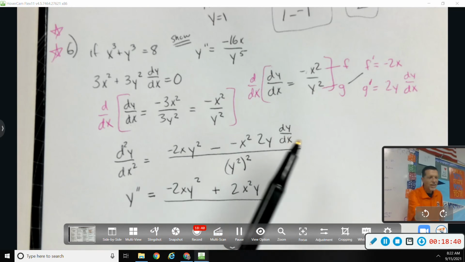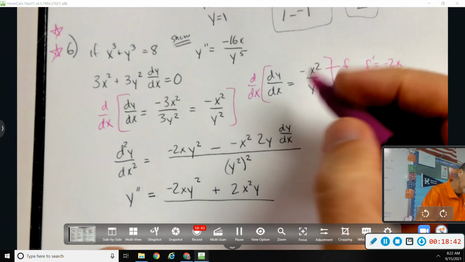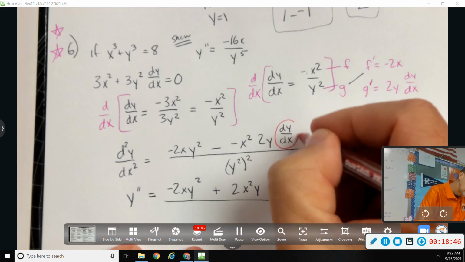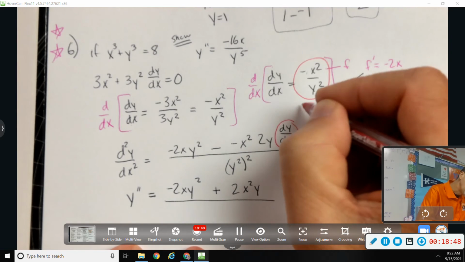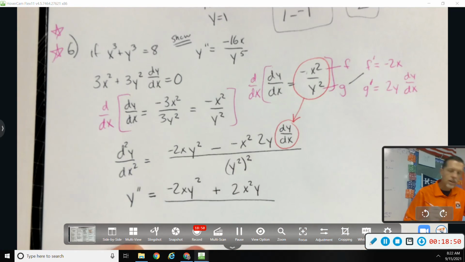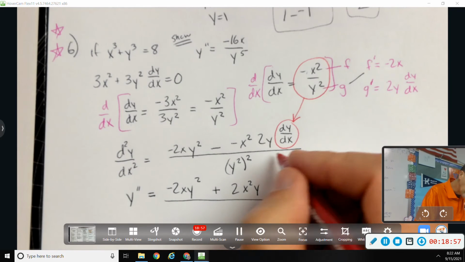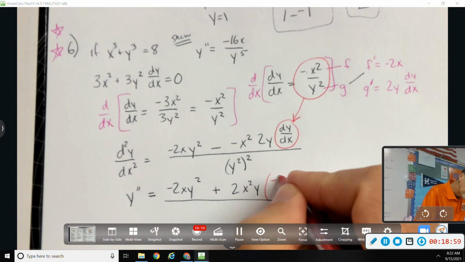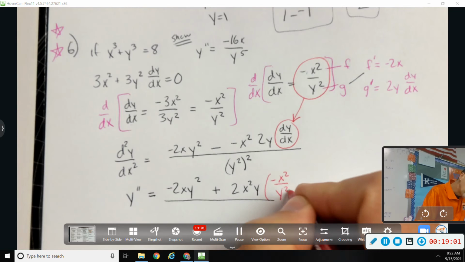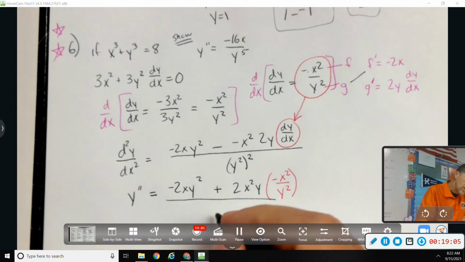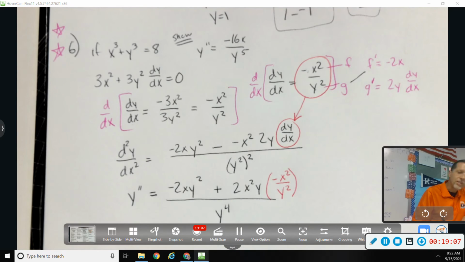So in place of dy dx, I'm going to put negative x squared over y squared. I have an expression for dy dx, and I don't want dy dx. I'd rather that expression be in there. Negative x squared over y squared, all over y to the fourth.